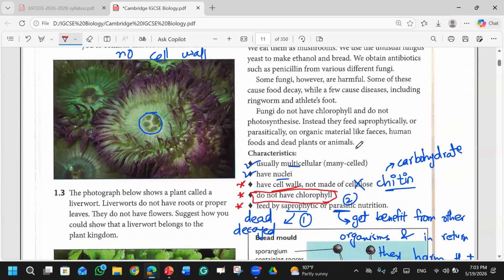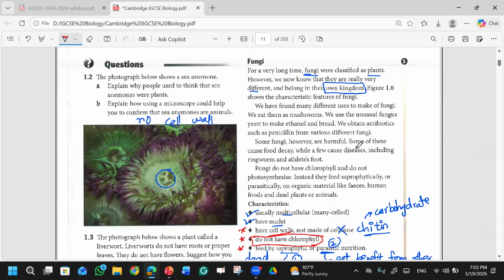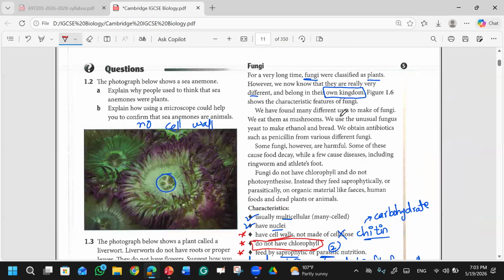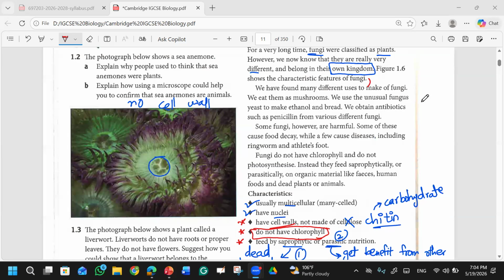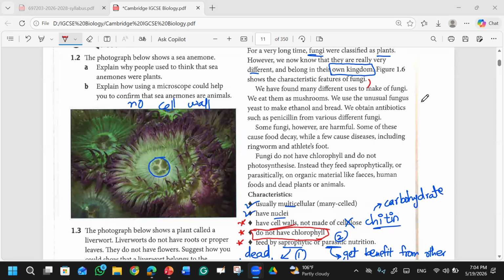Now, can you summarize this kingdom fungi? What is in the kingdom fungi? Till now, we have discussed the first paragraph and then the characteristics. I am asking what is in the kingdom. A cell wall made out of cellulose, and they do not have chlorophyll, which means they cannot make their own food.